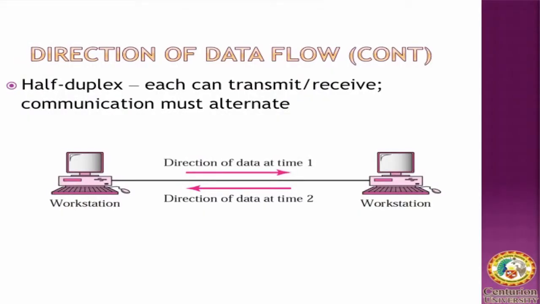Then half duplex. What is half duplex? Here both can be sender and receiver. This device as well as the second device can both receive as well as transmit data, but at one time one can be sender and the other can be receiver. For example, a walkie-talkie.